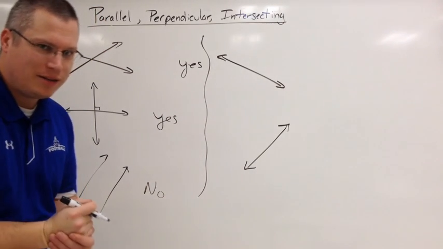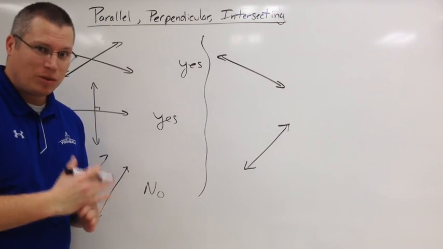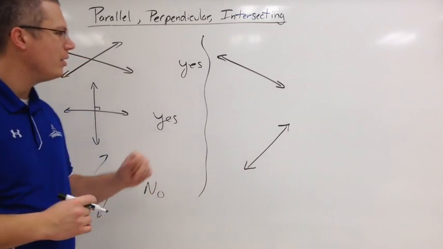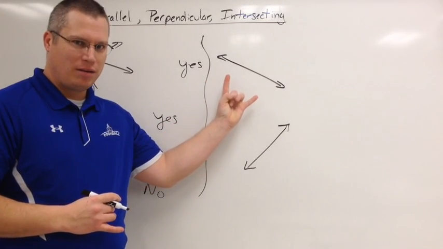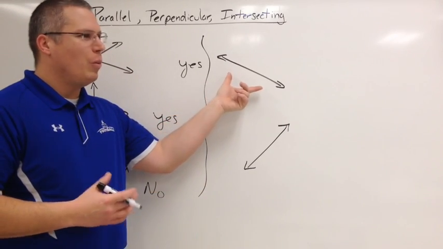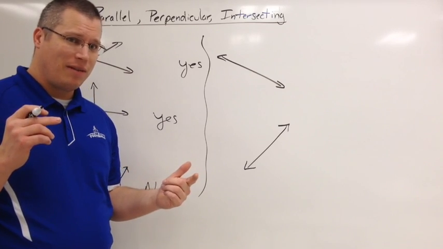Now, watch this. Are these lines intersecting? Some will say yes, some will say no. What you have to remember is what a line truly is. Why are there arrows at the end? Because they go on forever. So even though we can't physically draw a line forever, we put arrows on the end to symbolize it goes on forever.